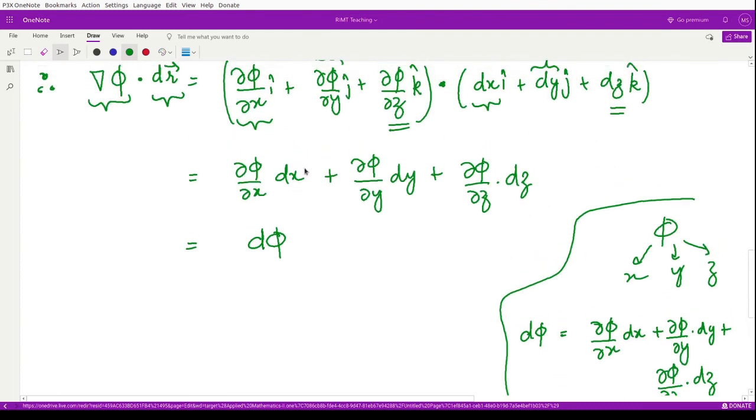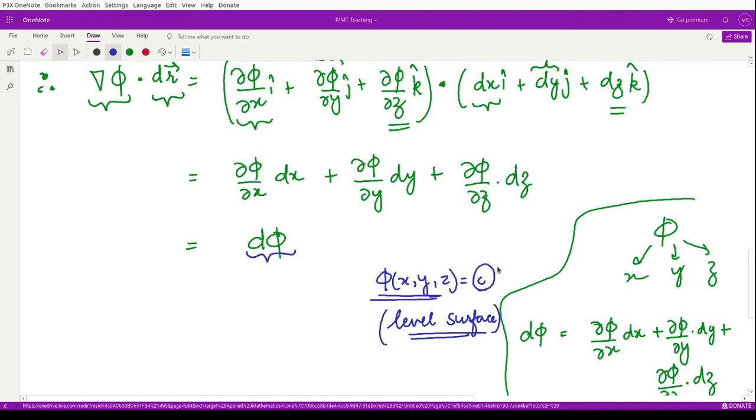And what was your surface phi? If you remember, the surface phi of xyz is equal to c was the level surface. So that means whenever you are moving on this particular surface, there would be no change in this quantity c. So whenever you take its derivative, because this is some constant quantity, it will always go to 0. So therefore what we got is the gradient of phi dot with dr vector is equal to 0.